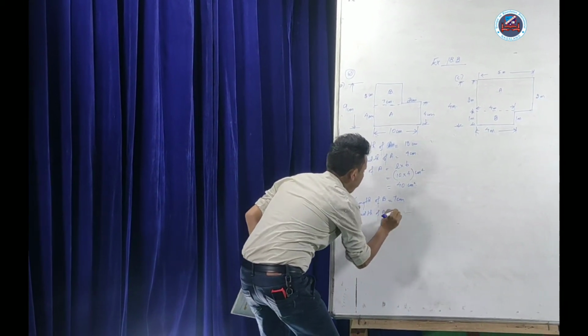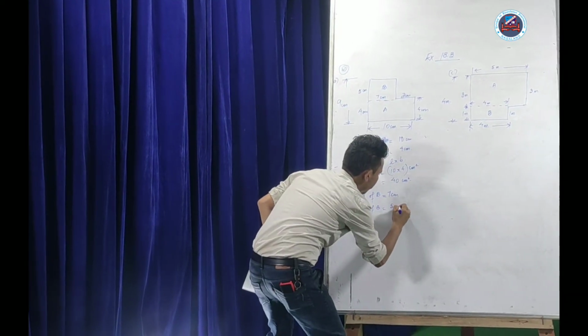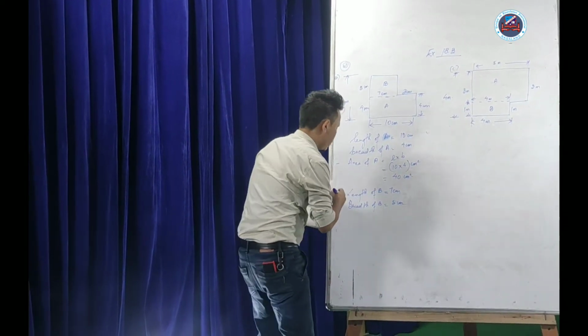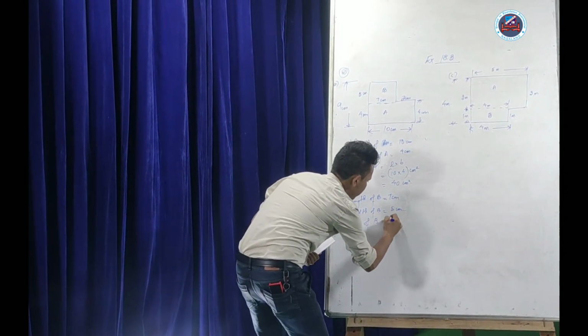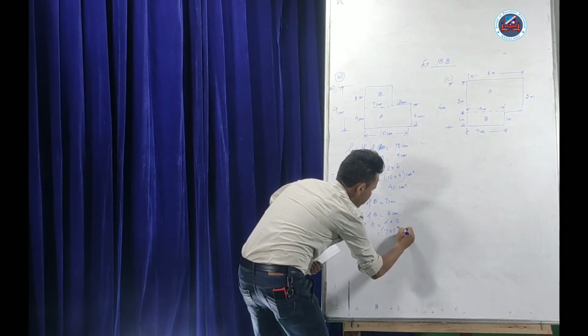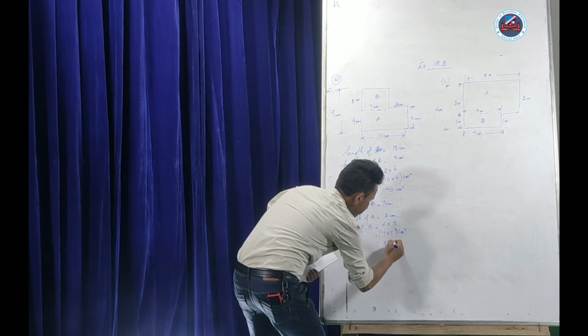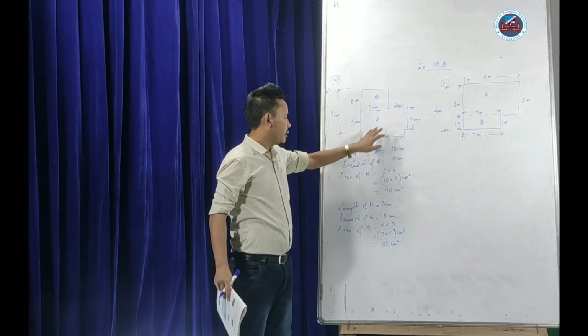The breadth of B is given as 5. So the area of B is length into breadth, 7 into 5, which gives us 35 centimeter square. So now we have found the area of both A and B.